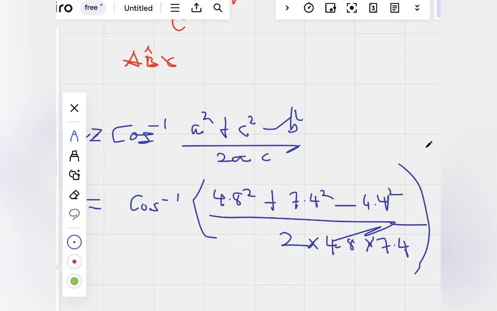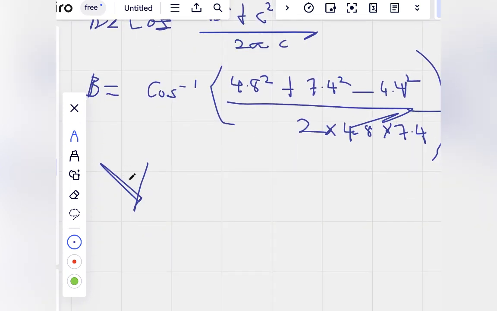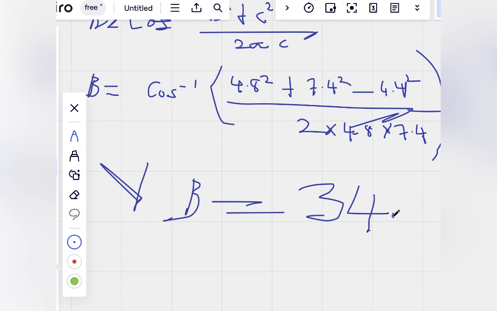So we get our B to be equal to 34.7 degrees. This is the value of angle B using cosine.